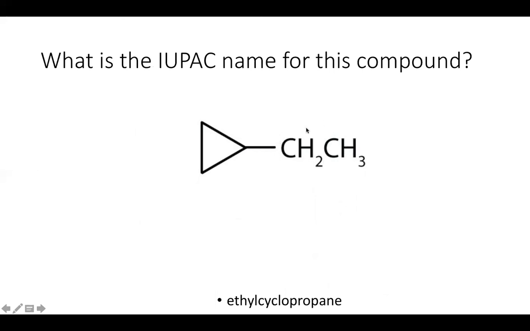Remember, a 2-carbon alkane is ethane. But since it's a substituent, we're going to replace that ANE ending with YL, so it becomes ethyl. And we don't need to number it because it's only 1 substituent. It would all be equal here on a cycloalkane. So this becomes ethylcyclopropane.